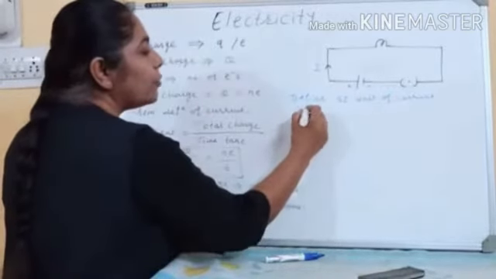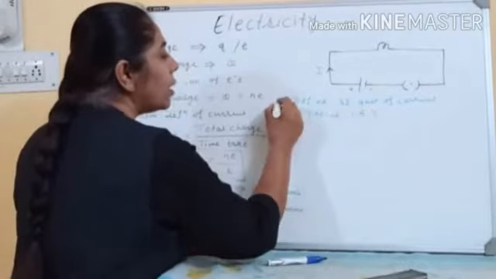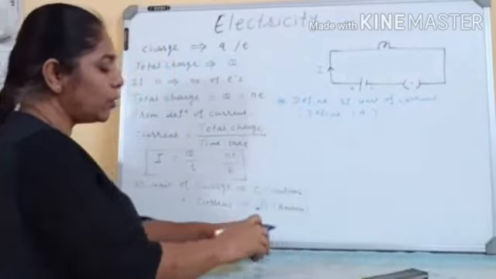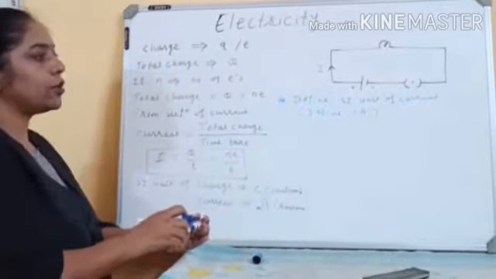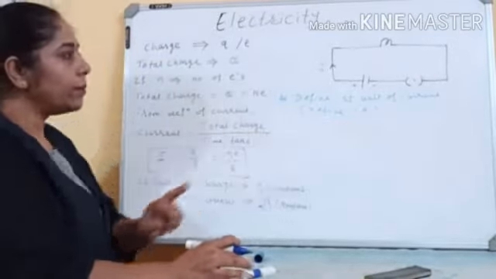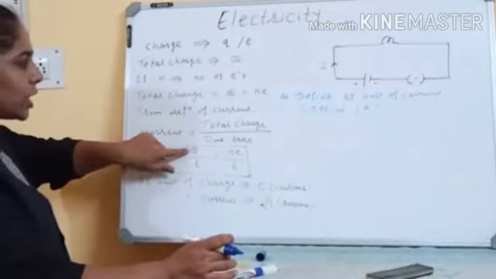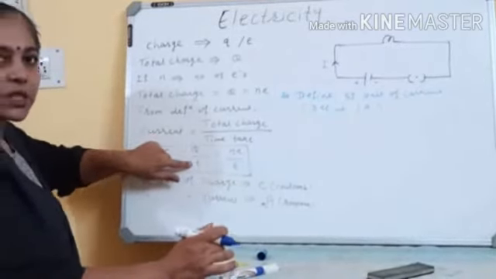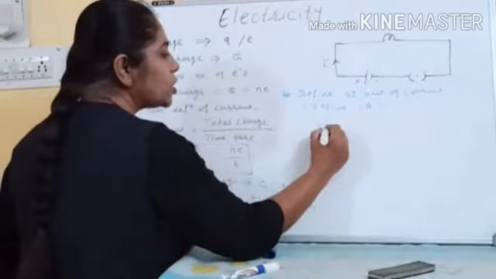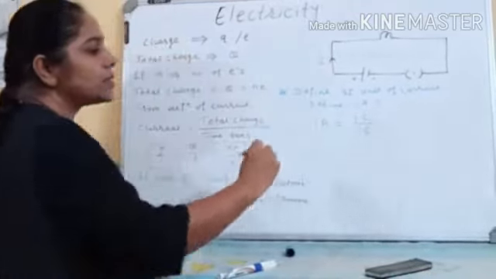This means you have to define 1 ampere; you don't have to write that the SI unit of current is ampere. So when will the current be 1 ampere? When the total charge is 1 coulomb and the total time is 1 second. So 1 ampere = 1 coulomb / 1 second.